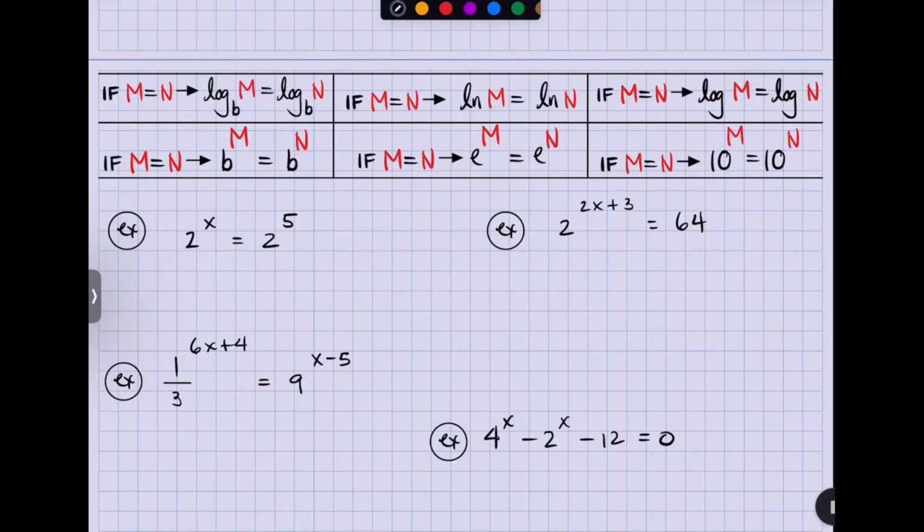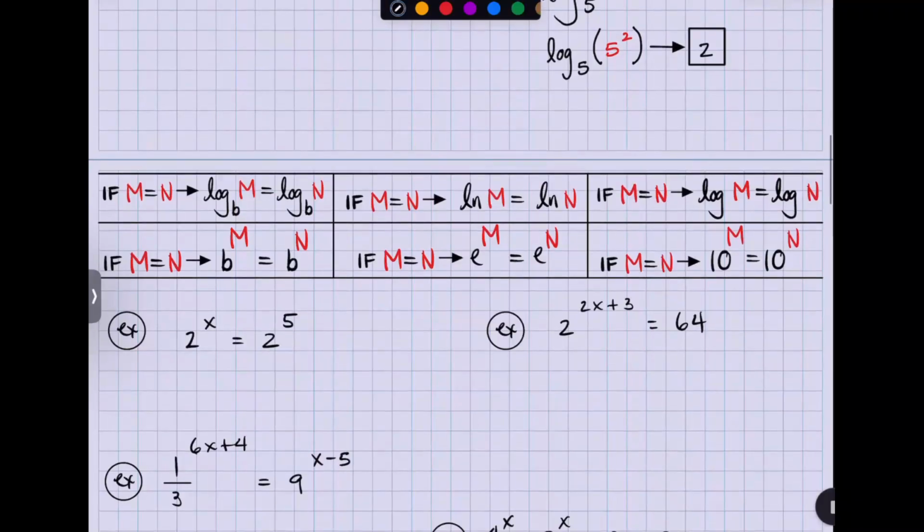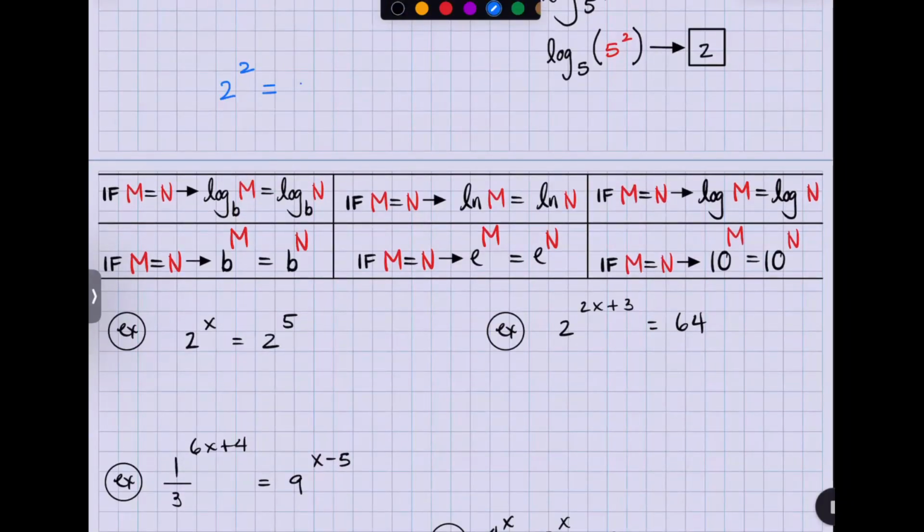Because all I'm saying is if the bases are the same, then the power must be the same. So in other words, if I was to say 2 squared is equal to 2 to the x, what is x equal to? Does that make sense? Because the base is the same, the power must be the same.